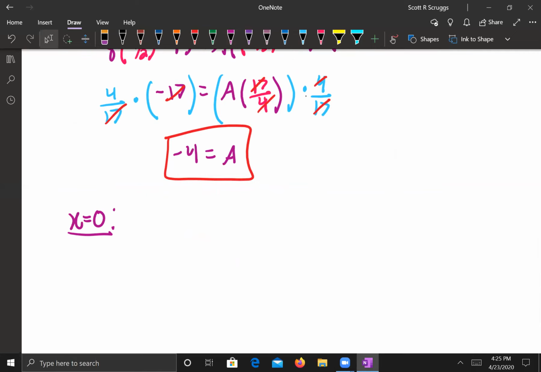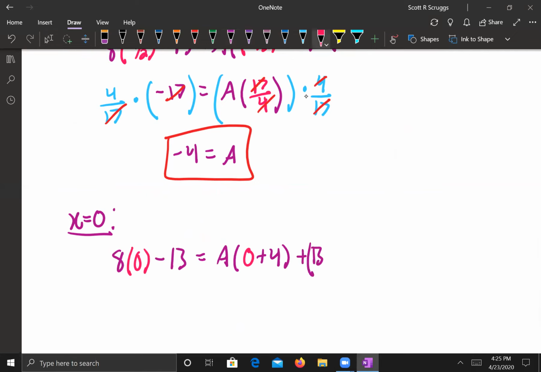So plugging in 0, I get 8 multiplied by 0 minus 13 equals a times 0 plus 4, plus b times 0, plus c times 2 times 0 plus 1.